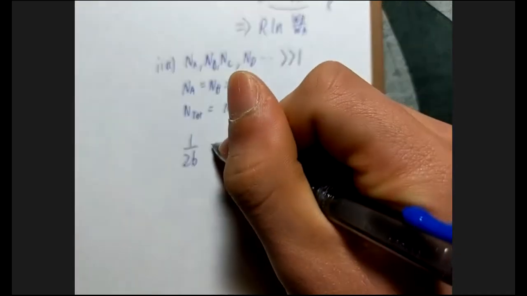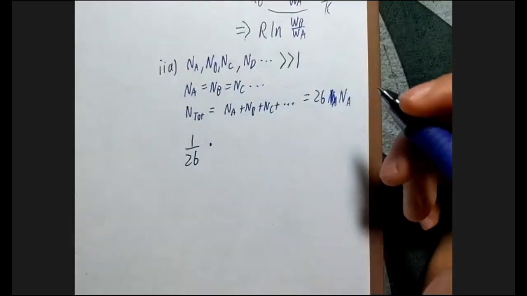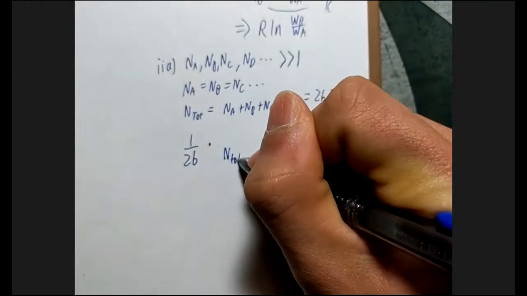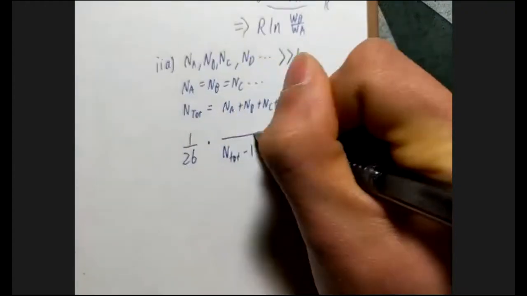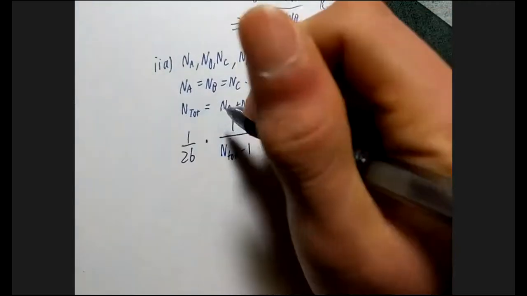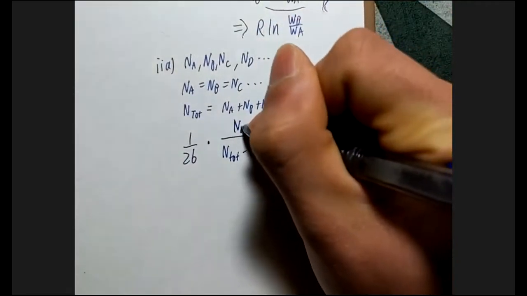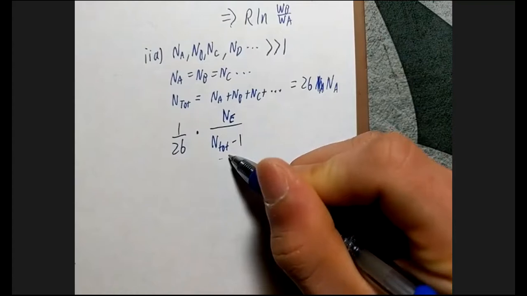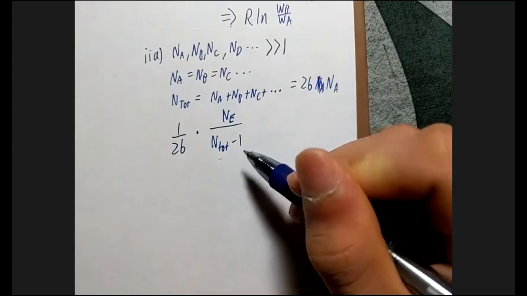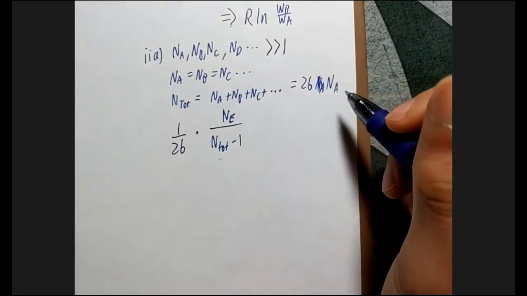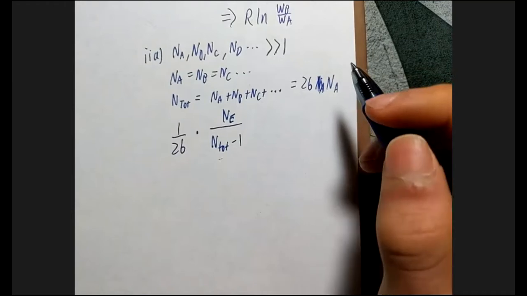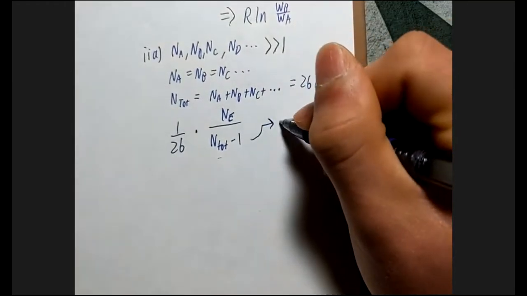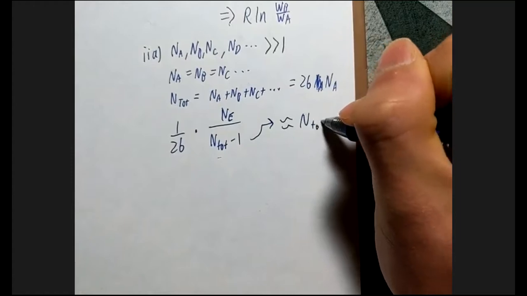And the next tile, you should have N total minus 1 in the denominator, and there should be 1 in the numerator for E. But since we know that N total is 26 N_A and N_A itself is already much greater than 1, this N total minus 1 is essentially still just N total.